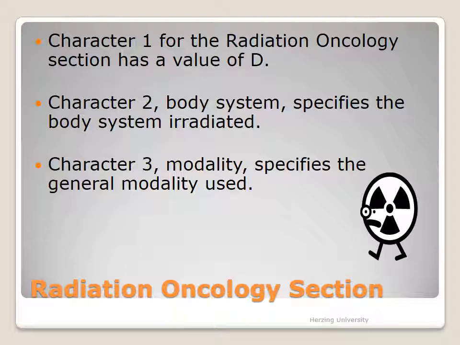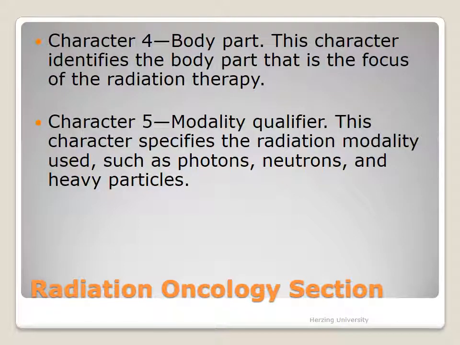Modalities in medicine means a certain protocol, therapeutic method, or agent such as chemotherapy, brachytherapy, radiosurgery. Modalities are valued in the third character position. The fourth character identifies the specific treatment site that is the target of the radiotherapy.